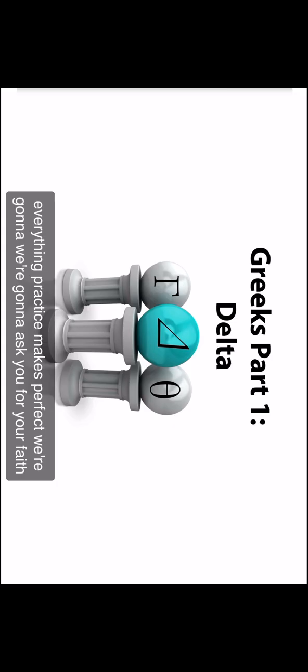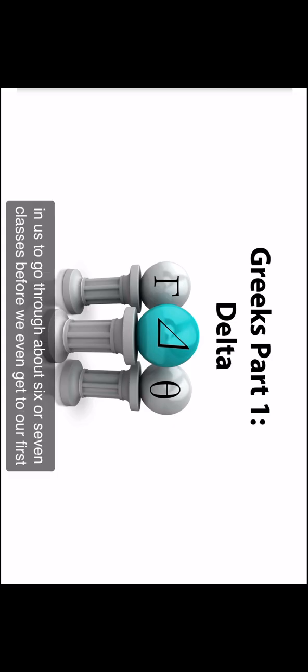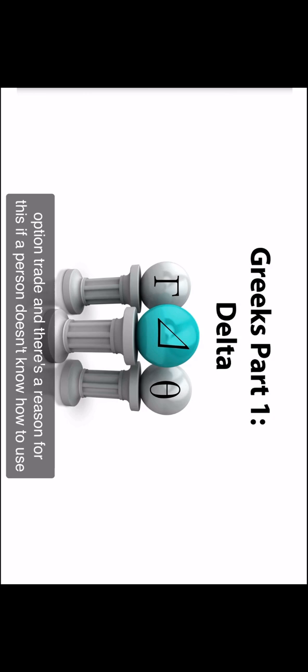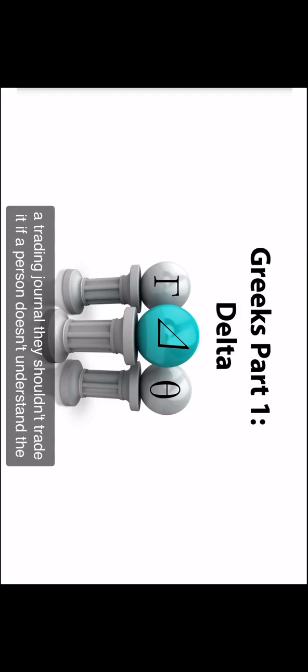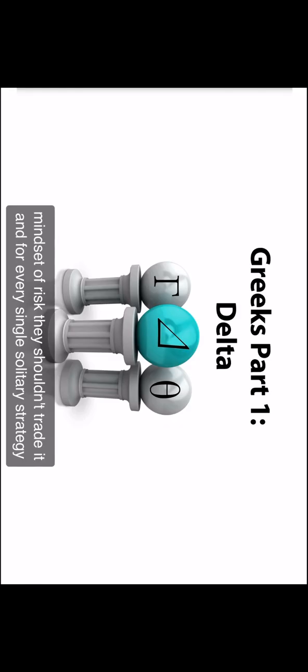We're gonna ask you for your faith in us to go through about 6 or 7 classes before we even get to our first option trade. And there's a reason for this. If a person doesn't know how to use a trading journal, they shouldn't trade it. If a person doesn't understand the mindset of risk, they shouldn't trade it.